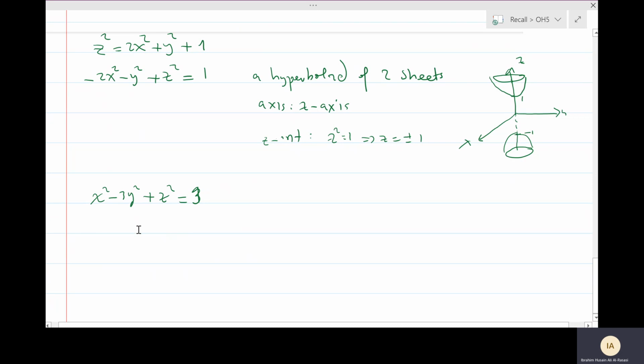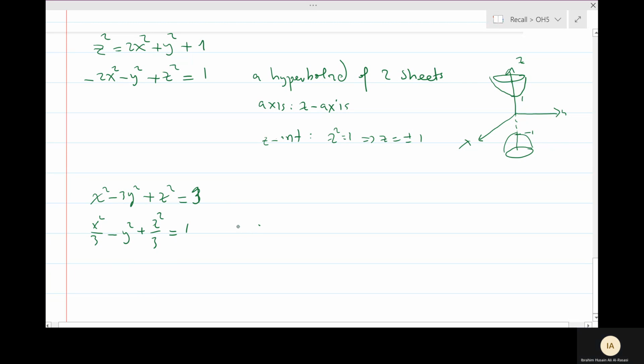It is like 1. You can divide by 3 if you want, so this becomes x squared over 3 minus y squared plus z squared over 3 equals 1. Now you compare: you have only 1 negative sign, so it is a hyperboloid of 1 sheet.